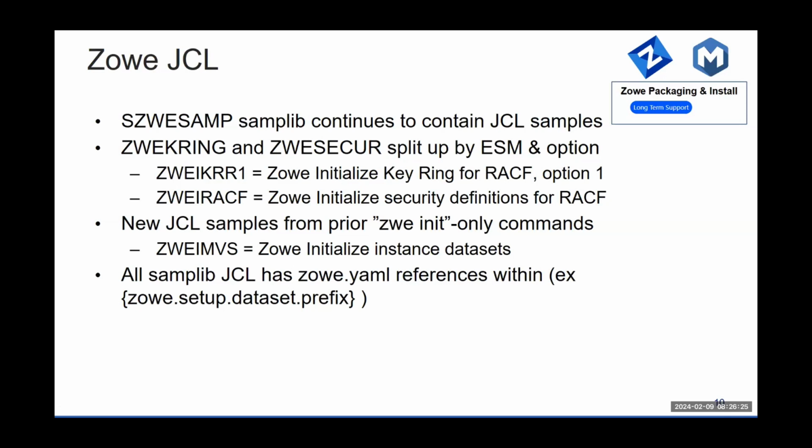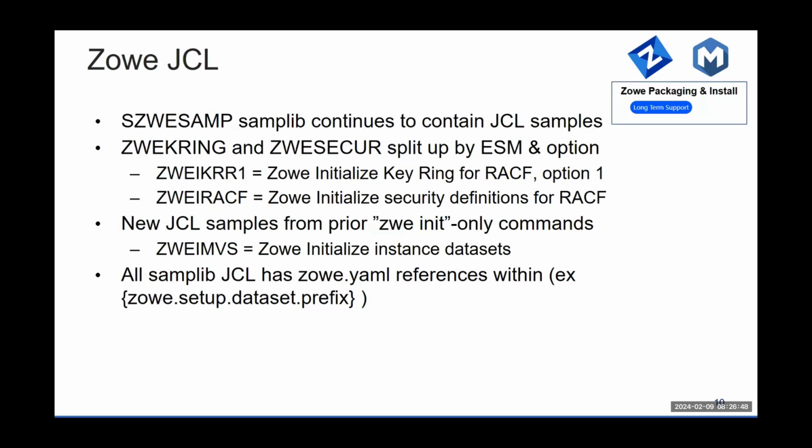One of the feedback that we got on this is that they're just too big because they fully encompass every scenario, but that means that they encompass RACF and Top Secret and ACF2, and there are different options for creating key rings. And so these are very, very long samples.